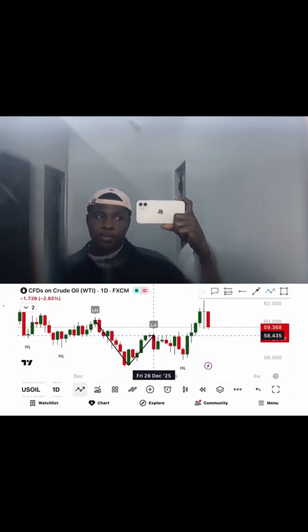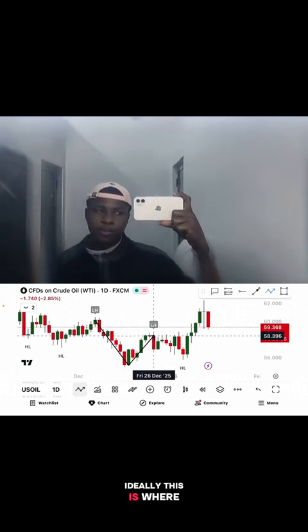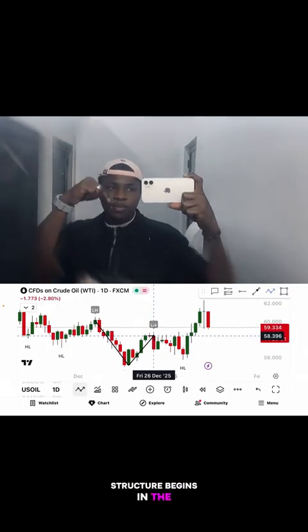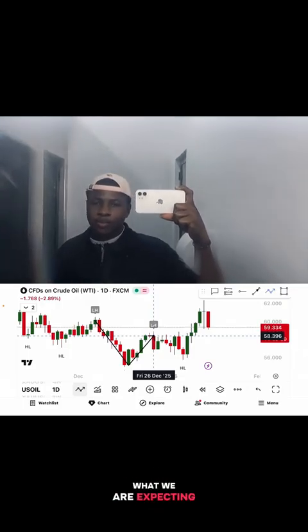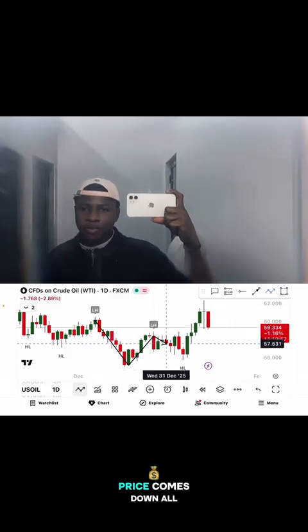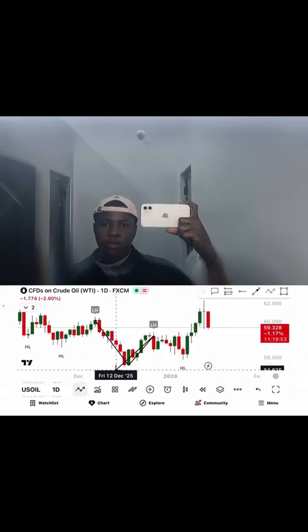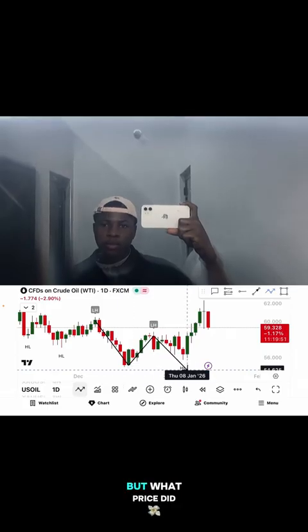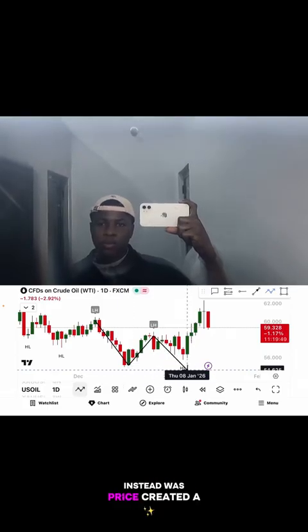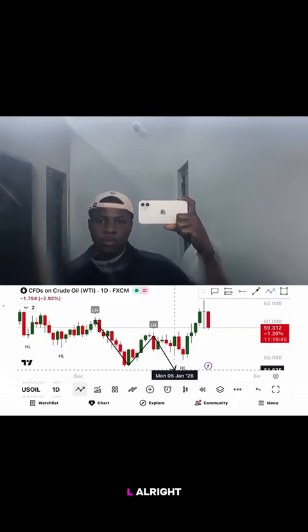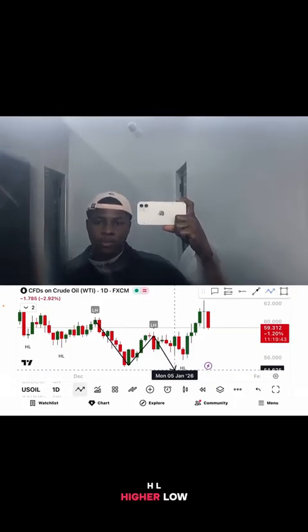Ideally, this is where the change of structure begins. Ideally, what we are expected to see is price comes down all the way to this point and then breaks this low right here. But what price did instead was create a higher low. That is why you can see this HL, higher low.